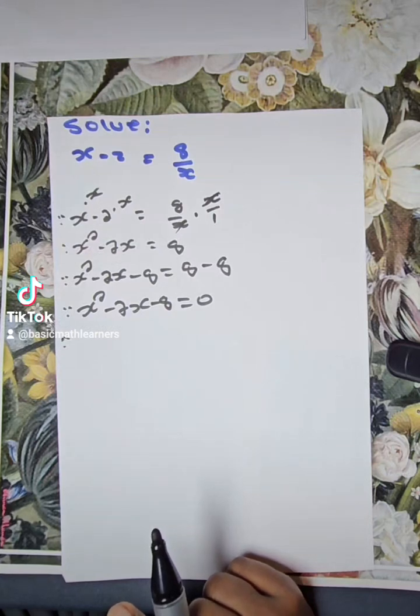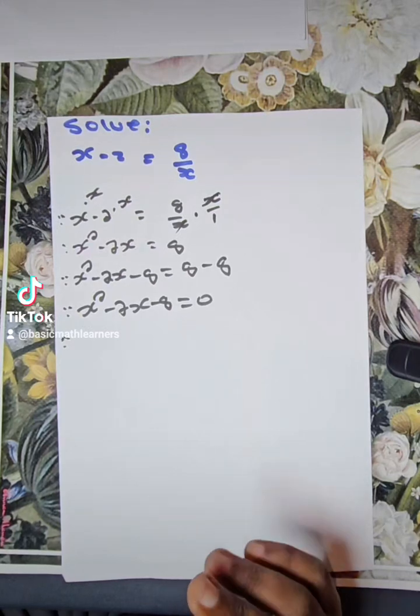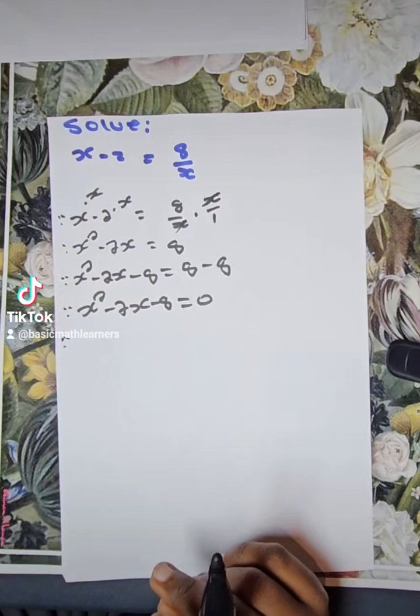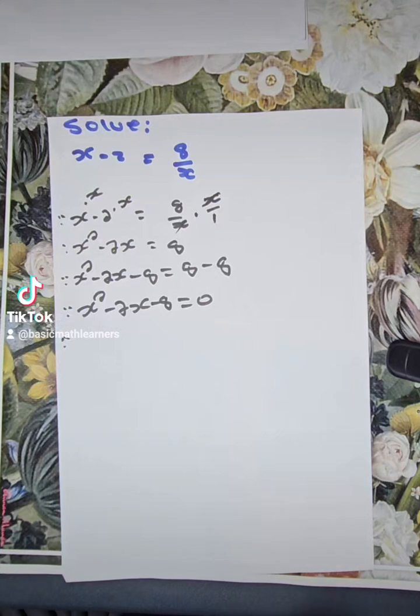Check the coefficient of x squared. It is 1. Now you have to factorize and be careful. Our constant term is negative 8, and the coefficient of the x term is minus 2.